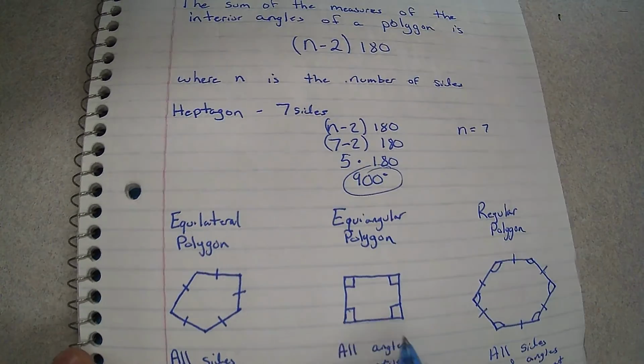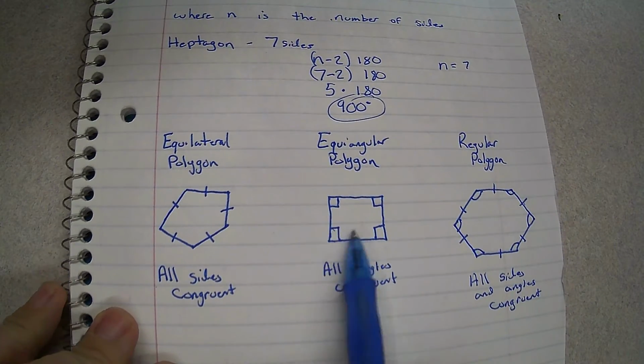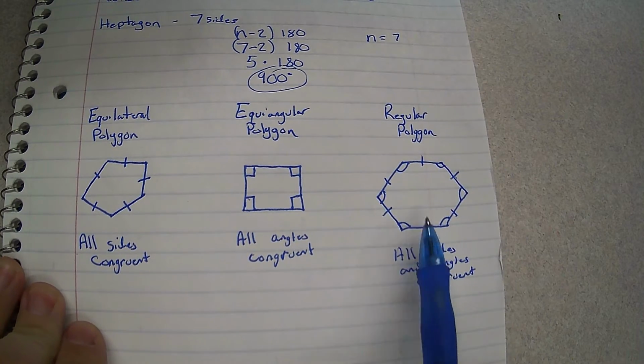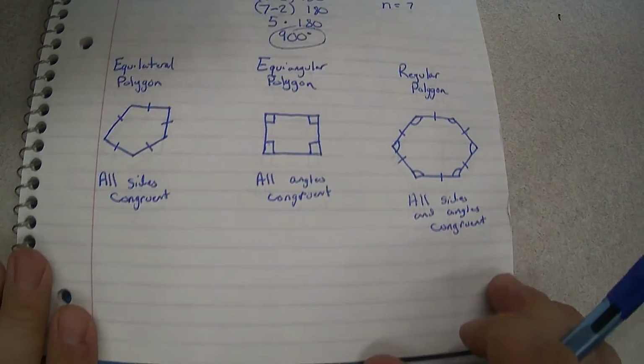Now let's talk about how to find these measures. So if I want to find the measure of a regular polygon, let's say it's regular, and I want to find the interior angles.